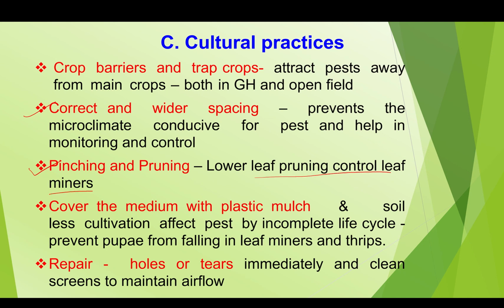Cover the medium with plastic mulch and soilless cultivation. Soilless cultivation affects pests by incomplete life cycle, so it can prevent pupae from falling, in leaf miners and thrips. Repair: if your greenhouse is too old and some damage has occurred in its cladding material, then immediately we have to repair it. Otherwise, it will become a way for transfer of insects and pests.